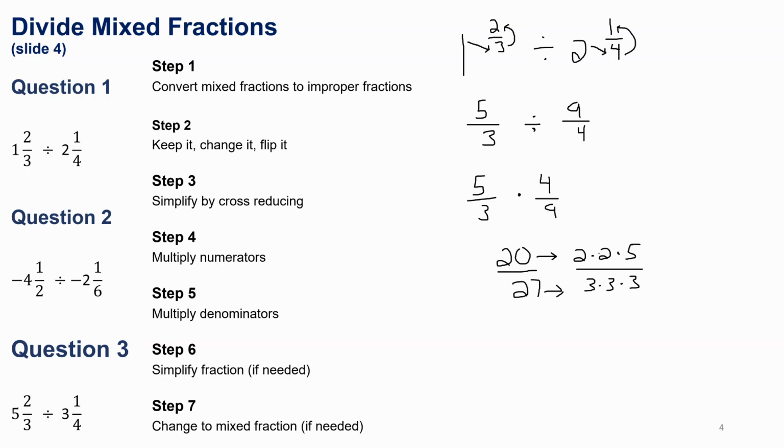Notice that none of these are common factors, so nothing can be simplified here. Now, 20 over 27 is also a proper fraction, which basically means that this is as much as we can do. So our answer is 20 over 27.